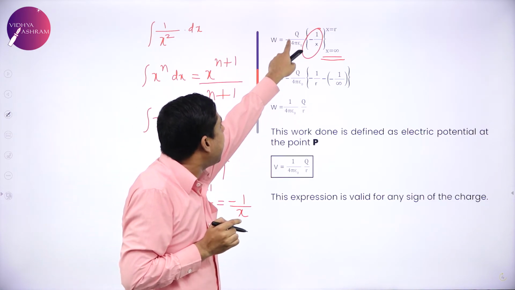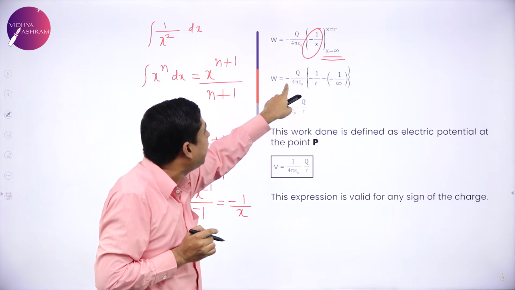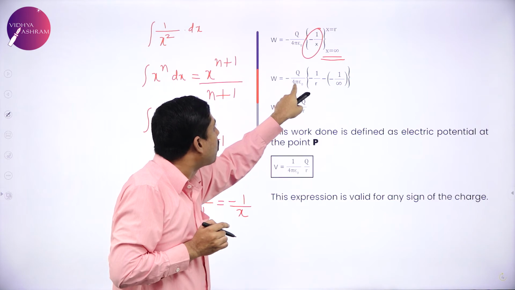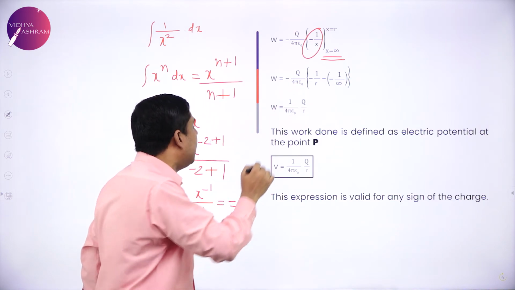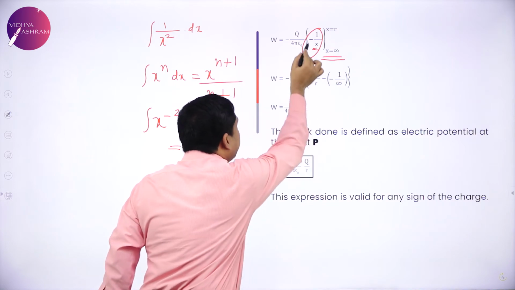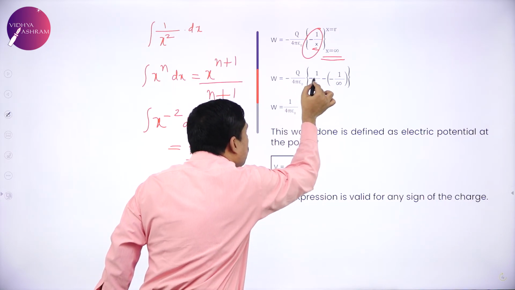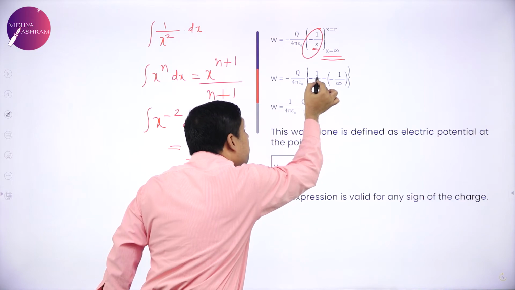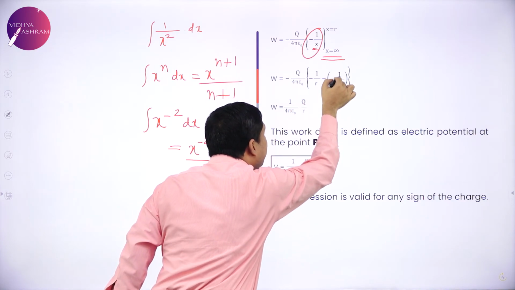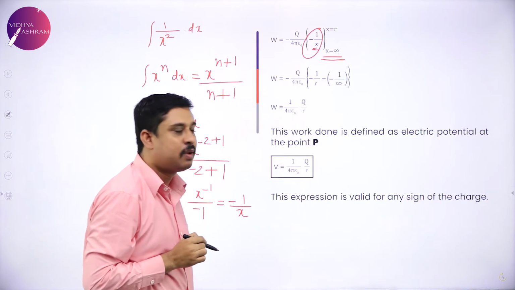So I write the term outside the bracket as it is, minus q by 4 pi epsilon naught. Now in this case of x, first the upper limit: minus 1 by r, minus the lower limit, which is minus 1 by infinity.